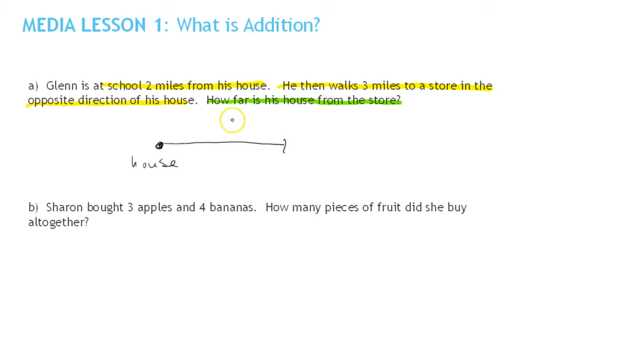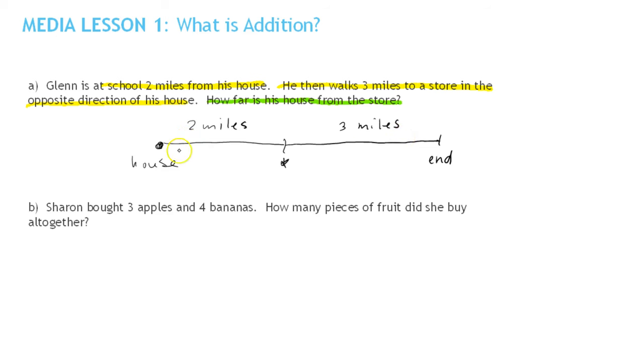So we're going to say that this is 2 miles, and this is where he's starting, and then he walks 3 miles to a store in the opposite direction of his house. So he goes another, that looks like about 3 miles relative to that. And this is his ending point. And we want to find this total distance.